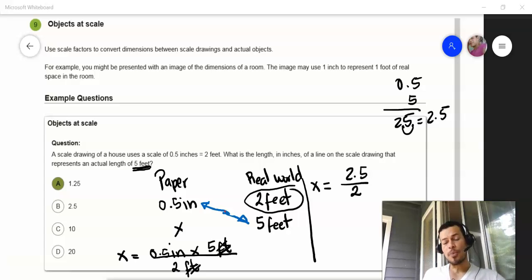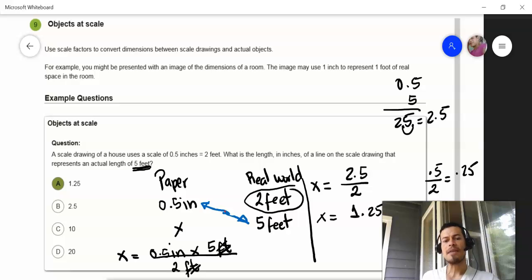So you got to divide 2.5 by 2. Well, if you divide 0.5 by 2, that's going to give you 0.25. Okay, so you're going to have 0.25, and 2 divided by 2 is equal to 1.